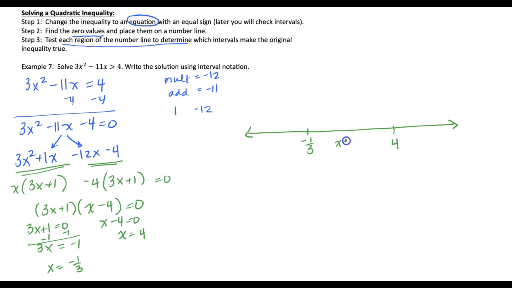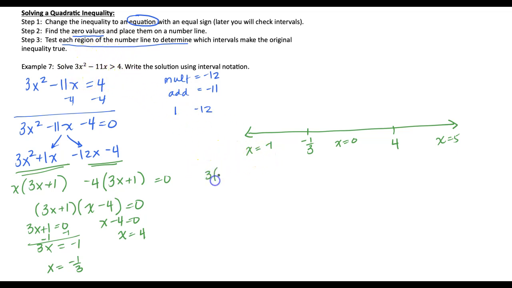You know that I always like to test x equals 0 if it's possible. Now I'm going to pick something left of negative 1/3, like negative 1, and something right of 4, like 5. And again, you could pick 100, your choice. Any number on the right of 4 or on the left of negative 1/3 would work. So I'm going to sub that into our original inequality.